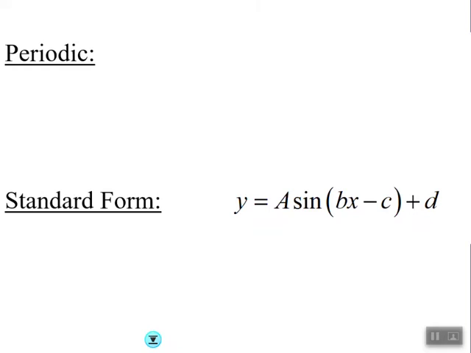Before we continue, there are a few things that we need to define. First, earlier I used the word periodic, or period. A periodic function is a function that repeats. One cycle is called a period.